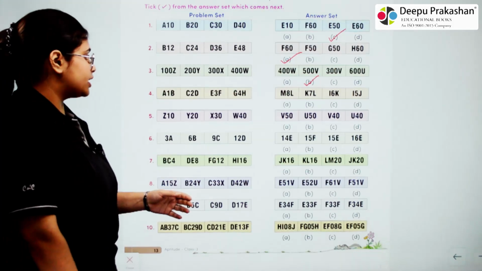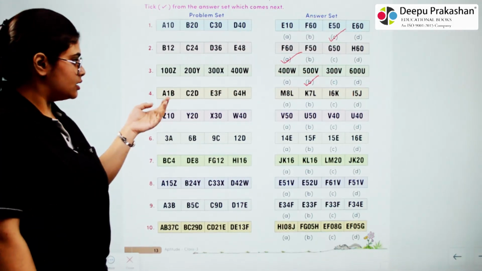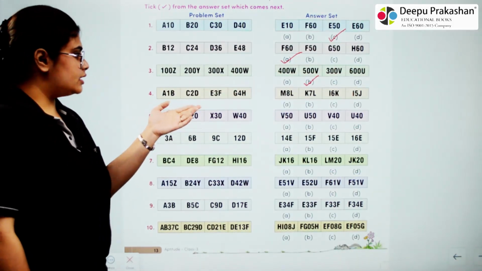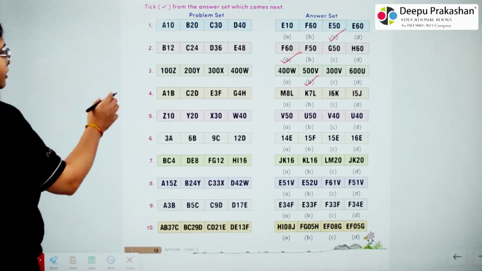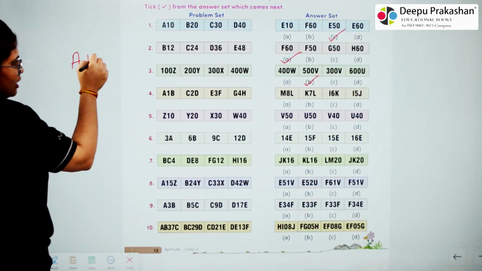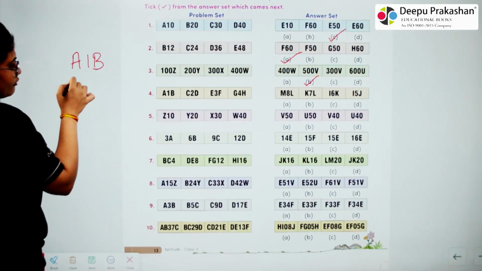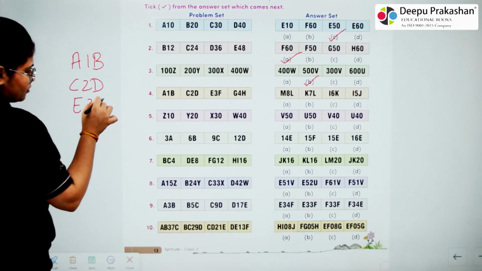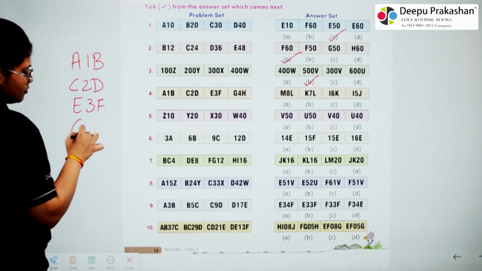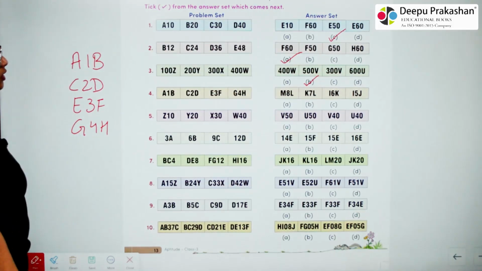Fourth one, we are given A1B, C2D, E3F, G4H. So here we are given a combination of alphabets with numbers.